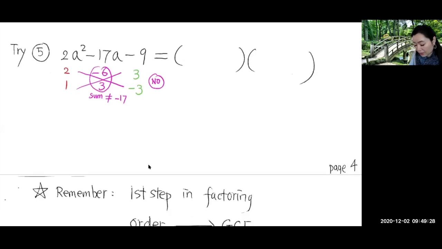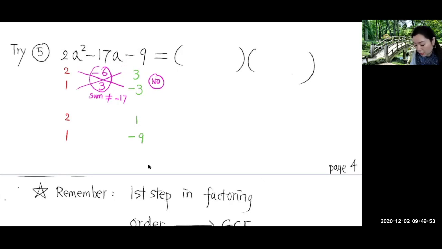So the way that we try again, we can keep the first one, and then for this one here, instead of 3 times -3, we can try another way to factor -9. So I try 1 times -9, okay? 1 times -9 is also -9. So you have to consider different factors of this number, okay?